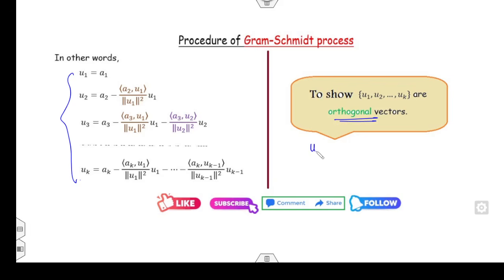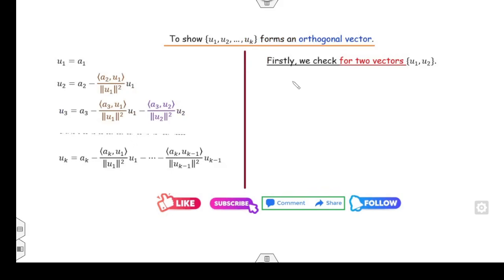How can you prove that? Your target is to prove it. Firstly, I can check for the two vectors u1 and u2. Let's start with the inner product of u1 and u2. I can substitute the value of u1, which is a1, and u2, which is a2 minus the projection of a2 on u1. Now you can open this using the properties of the inner product. Like if I say x, y plus z, it will be the inner product of x and y plus x and z.